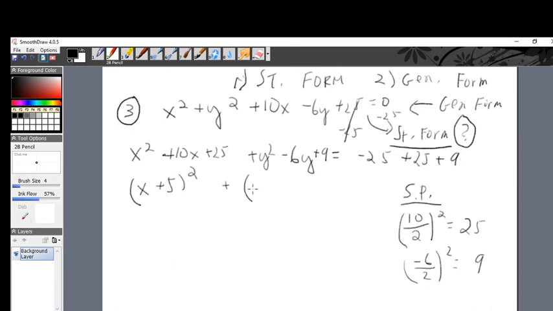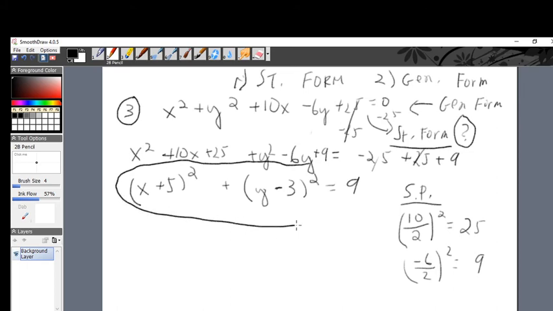The square root of y squared is y, and the square root of 9 is 3, but since it's negative over here, it's a negative 3, and square it. On the right, minus 25 plus 25 cancel each other out, equals 9. And now I have it in standard form. We have successfully gone from general form into standard form.